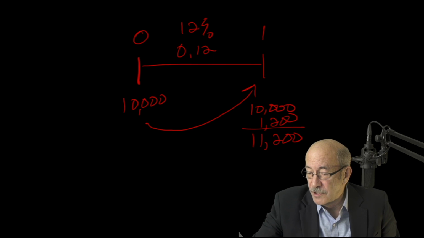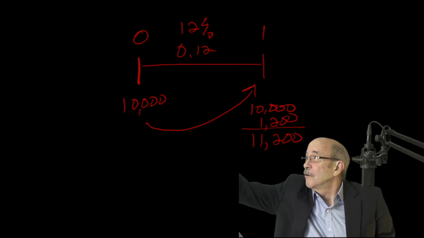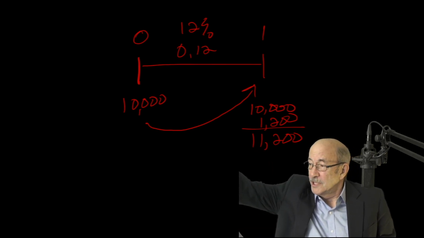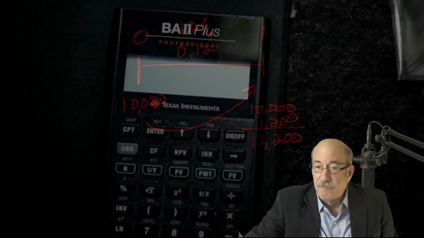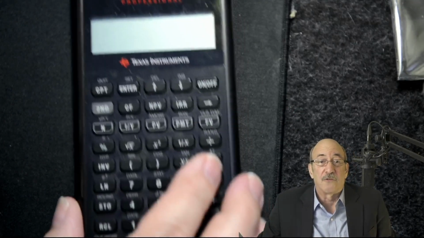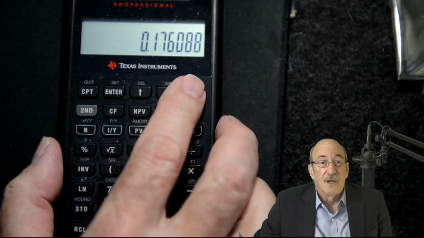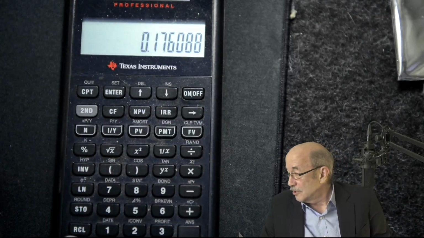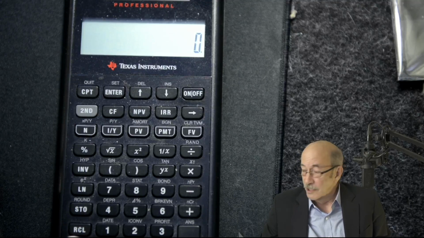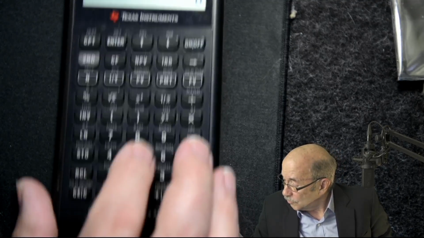Let's jump over to the camera here, and let me get that going. Hopefully this will work. Yes, it will. So here we are with our calculator. I'm going to clear that. And so we have one period.